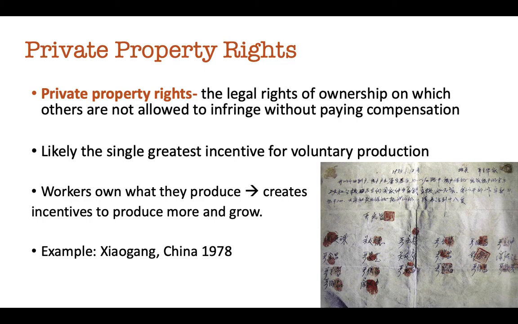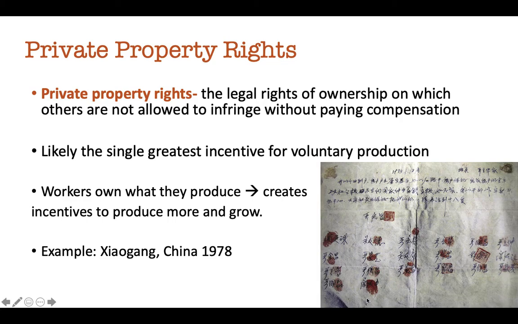There's not a lot of incentives to maintain and take care of things. But private property rights are going to incentivize people to take care of things, to grow on their own, and to voluntarily provide.